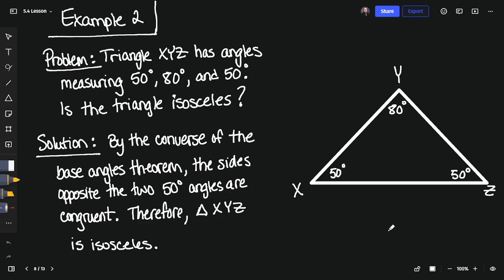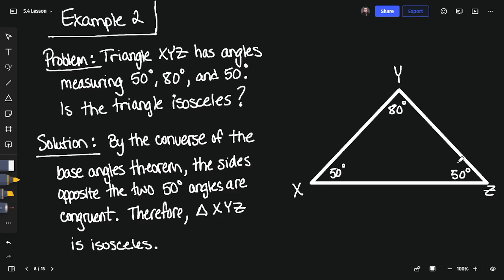So, by the converse of the base angles theorem, the sides opposite the two 50-degree angles are congruent. Basically, we have two congruent angles as the interior angles of a triangle. And the converse to the base angles theorem says that if a triangle has two congruent angles, then that triangle has to be isosceles.